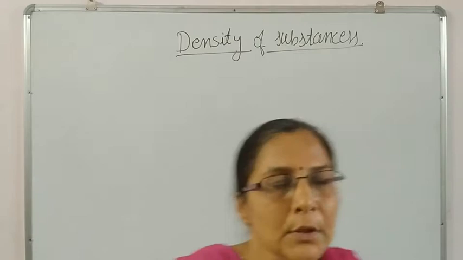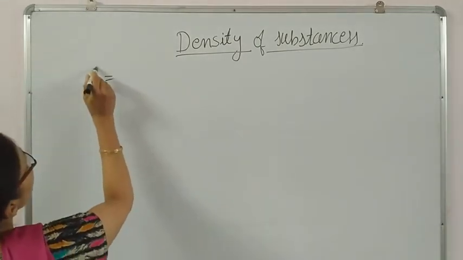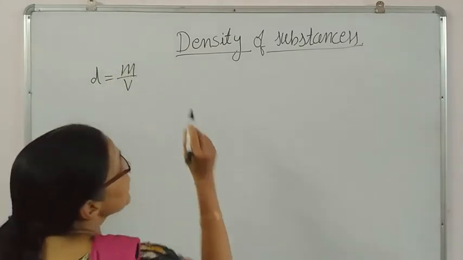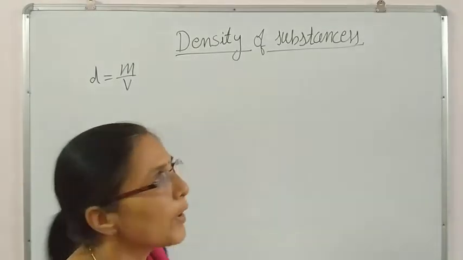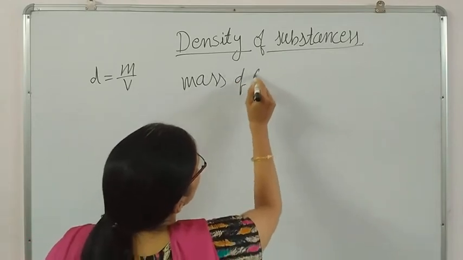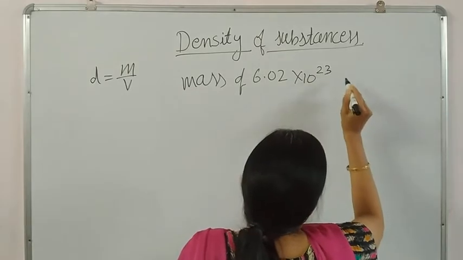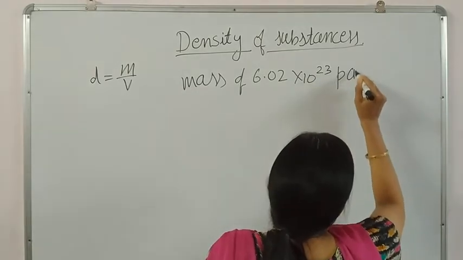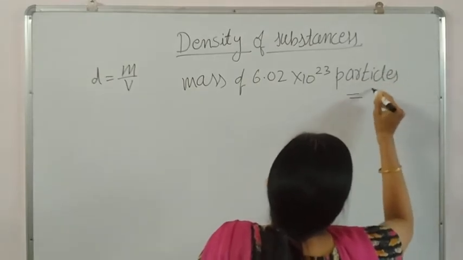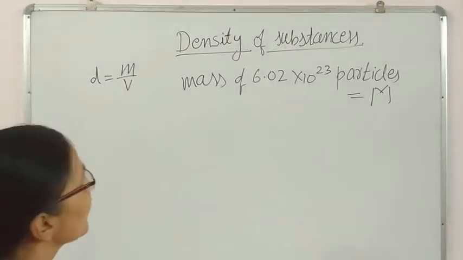Density of the substance. You know density D is equal to mass upon volume. Here we need to determine the mass of one particle. You know that the mass of 6.02 into 10 raised to power 23 particles is equal to the atomic mass or molecular mass.